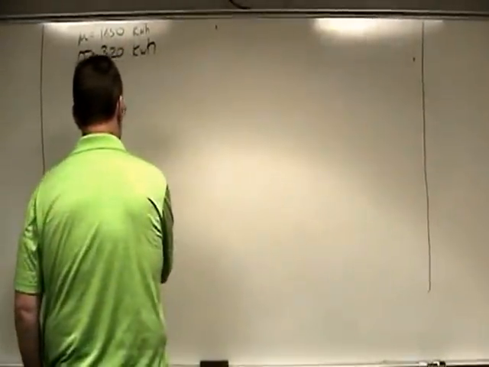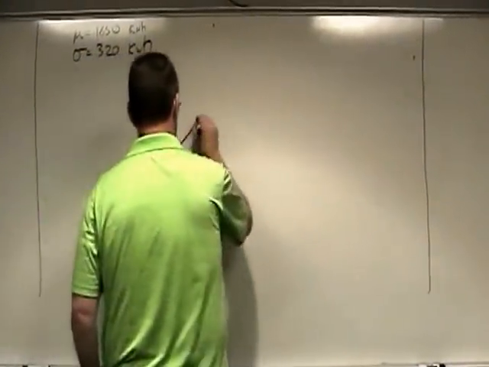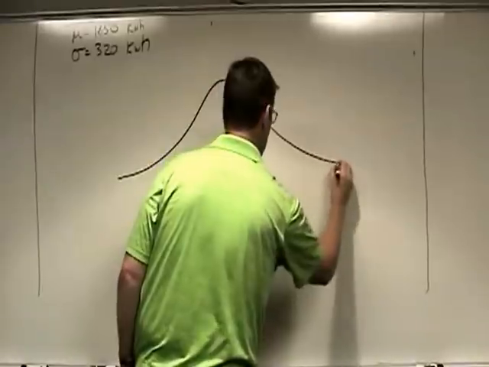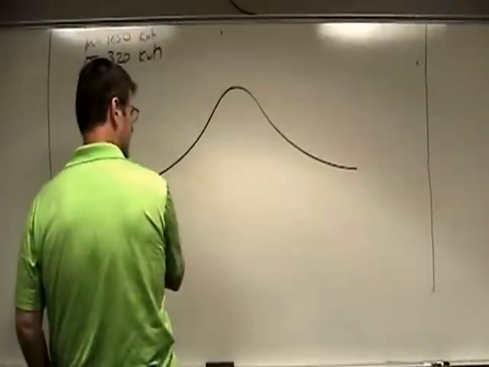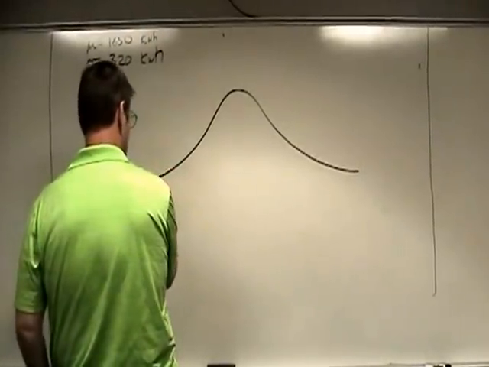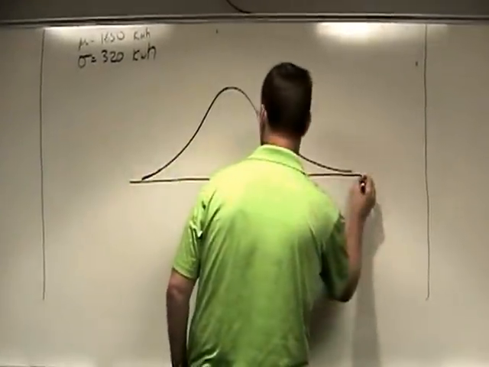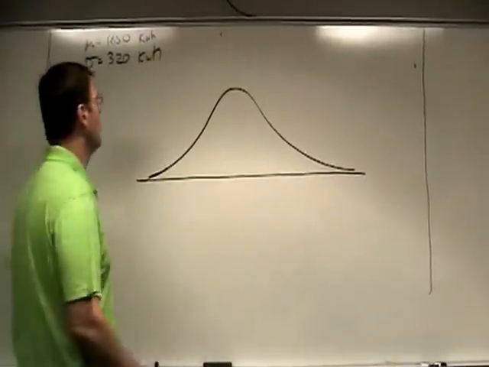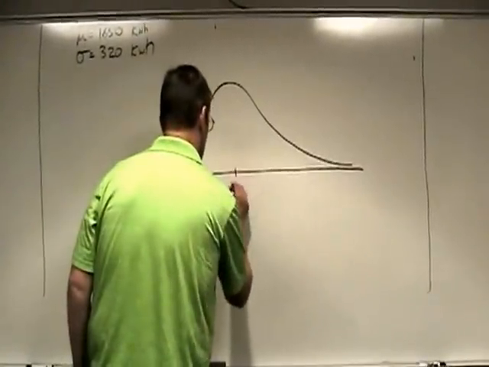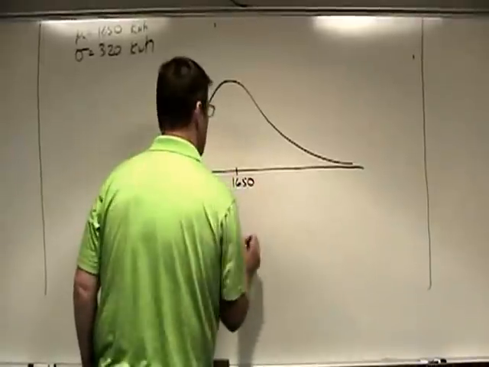So I'll draw my bell curve here and hopefully do a lot better than I did last time. Not so much for hoping. Not too bad. So our mean right here is 1,650.